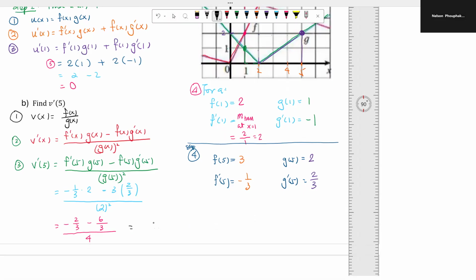So I have negative 2 minus 6 is negative 8 over 3, all over 4.